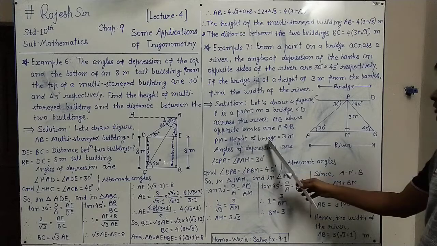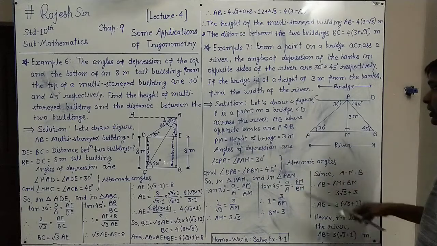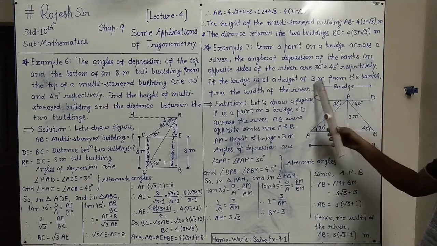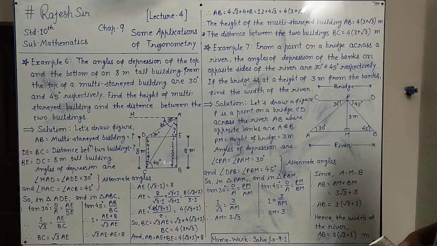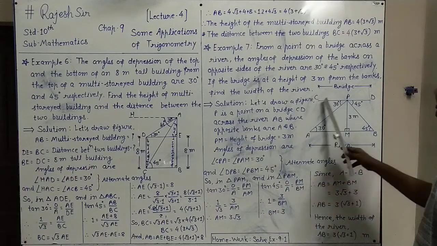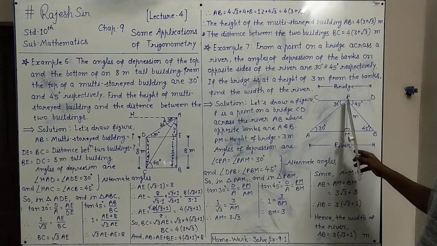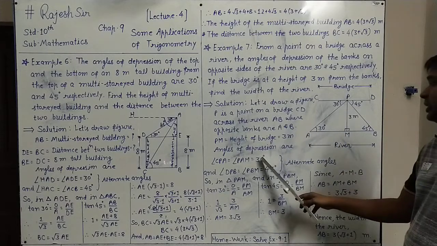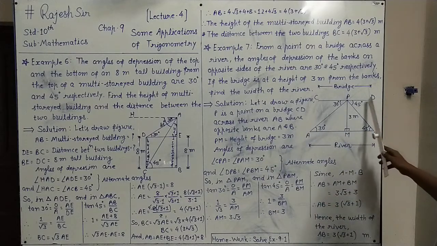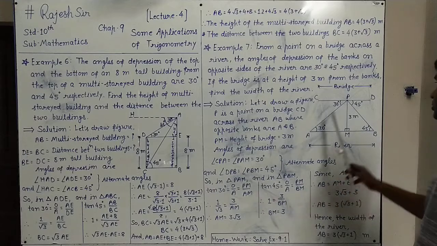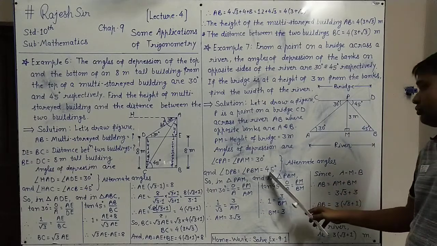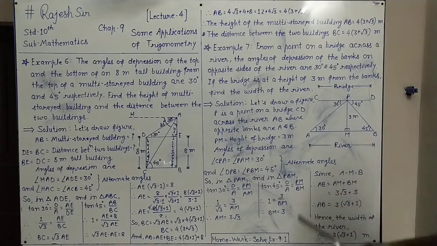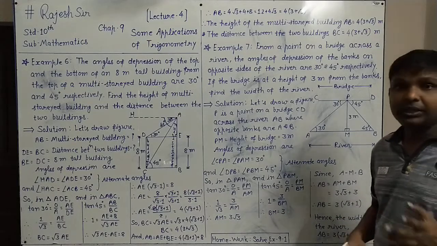So PM is the height of the bridge above the river. It is 3 meters, given in the question. The angles of depression are angle CPA, which equals angle PAM, 30 degrees, and angle DPB, which equals angle PBM, 45 degrees. Why can we show this equal? By the concept of alternate angles.